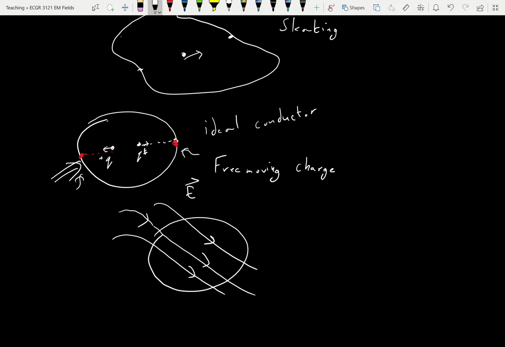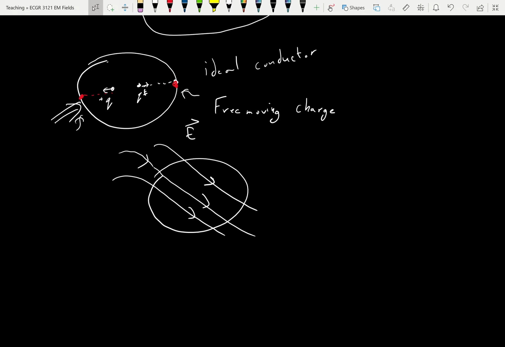Those are free moving charges, so this field is going to disrupt them and cause them to redistribute, in a way such that there's going to be a surface charge density on the boundary. All the charges are going to redistribute to the boundary, because that's where charge distributions are going to stop moving. They can only exist on the boundary.